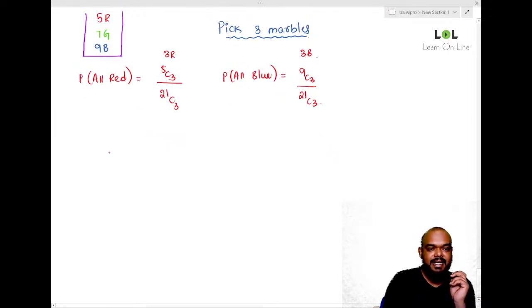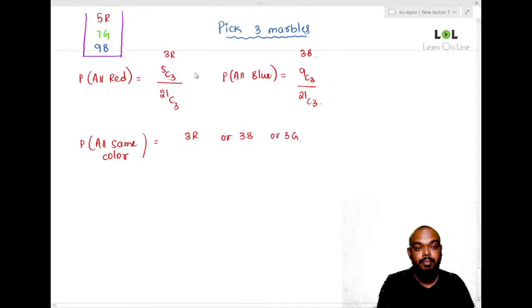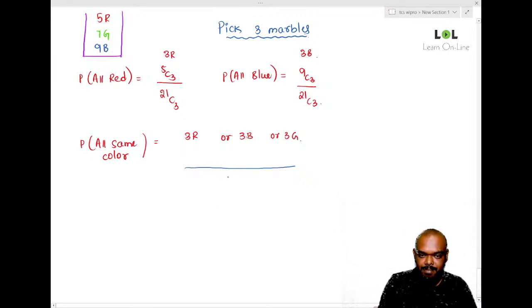Suppose I ask what is the probability of getting all the same color? Carefully here. All same color means you can get 3 red or 3 blue or 3 green. Observe. Total cases will remain the same, that is 21C3.